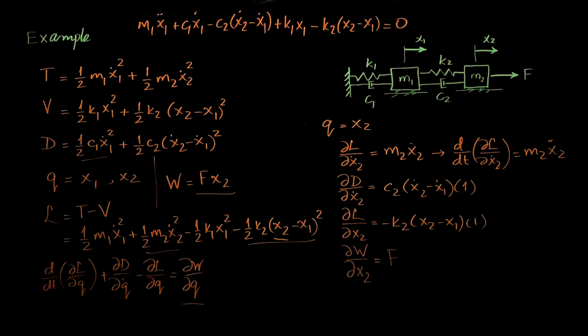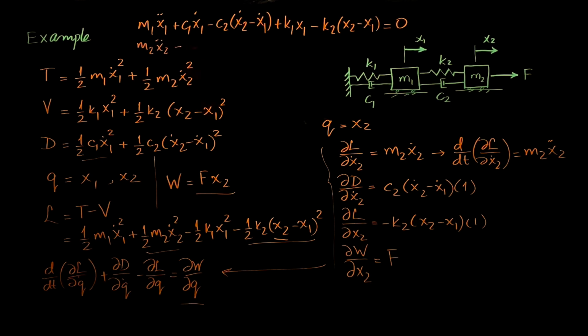And now we need to substitute all these terms back into the Lagrange equation, and I will end up with the second differential equation, which says that m2 x2 double dot, that's the first term.